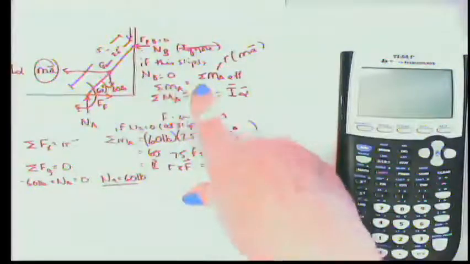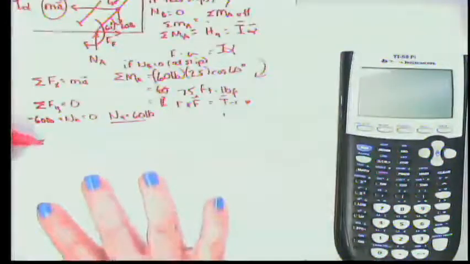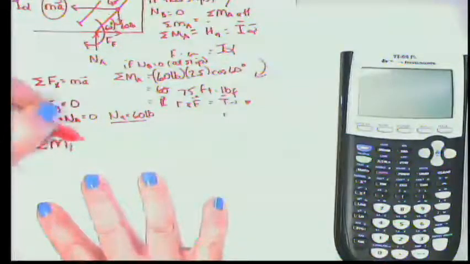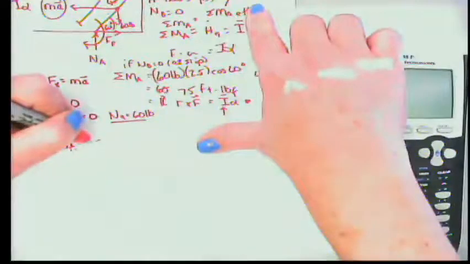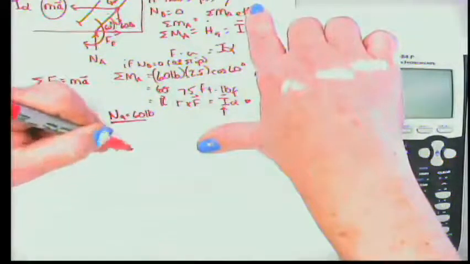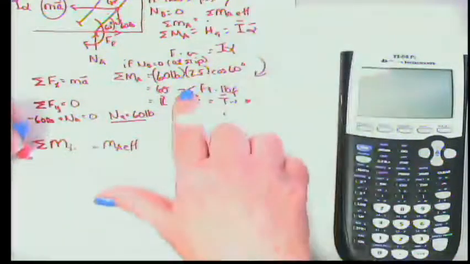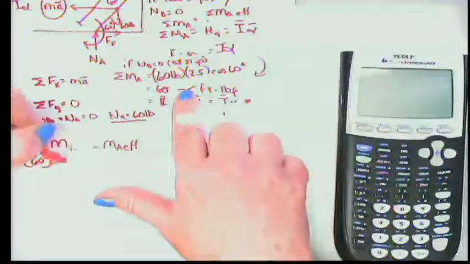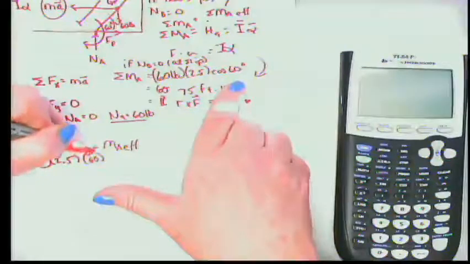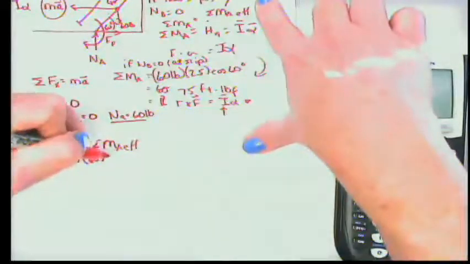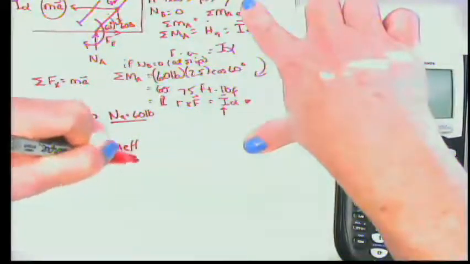So the summation of the moments about point A is going to equal the summation of moments about A effective, which is 60 times 2.5 times 60 cosine of 60, equals RMA.